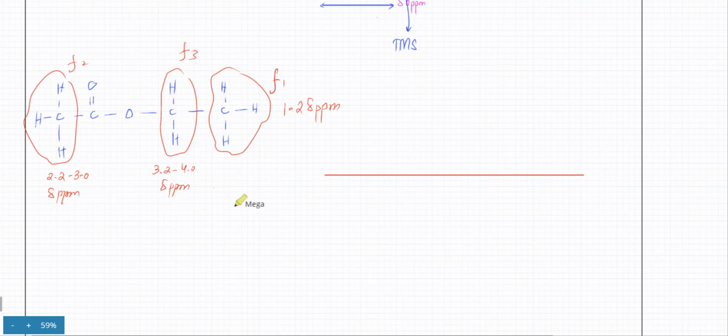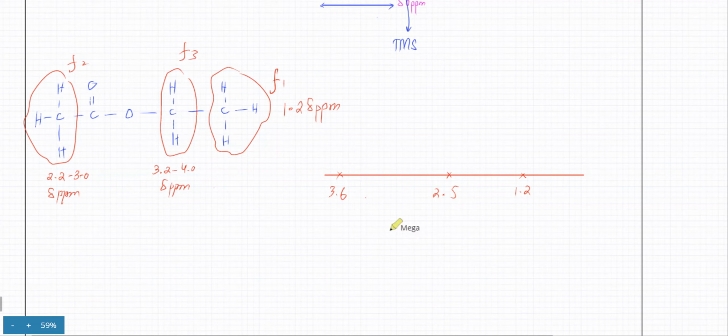So now I'm going to plot them according to chemical shift values. Remember, chemical shift goes from right to left. So there's 1.2, then there is 2.2, I'm going to call it 2.5. And then there's 3.2 to 4, so let's call that 3.6. I'm going to get three absorptions.